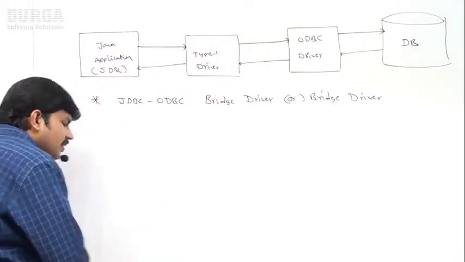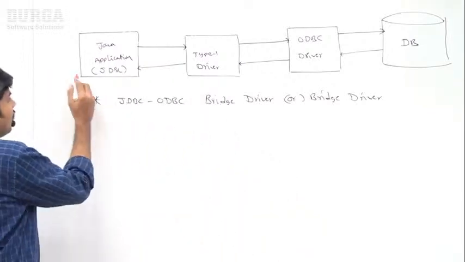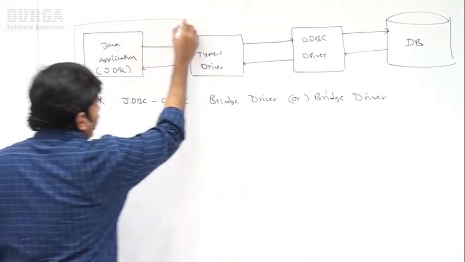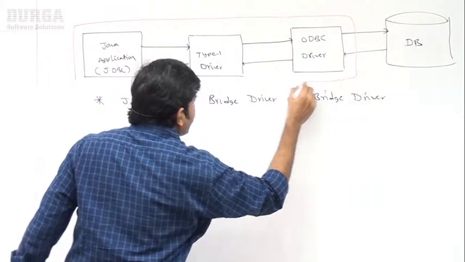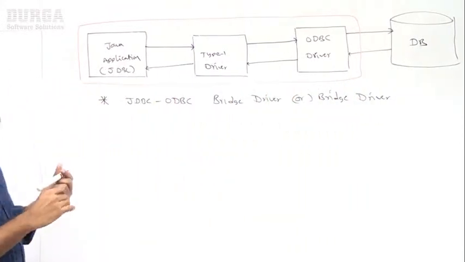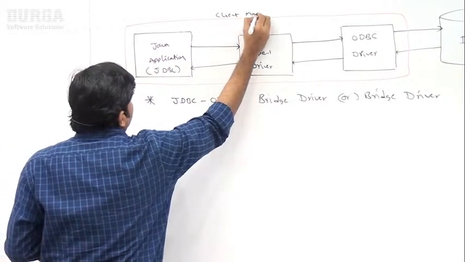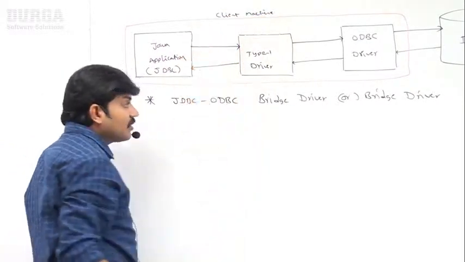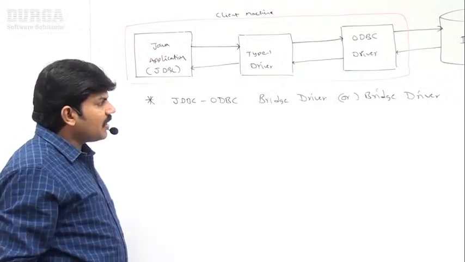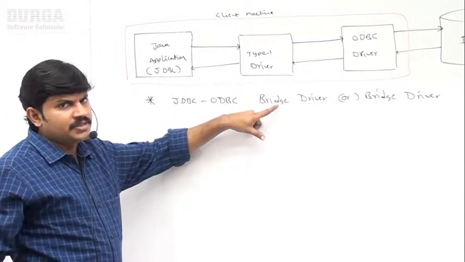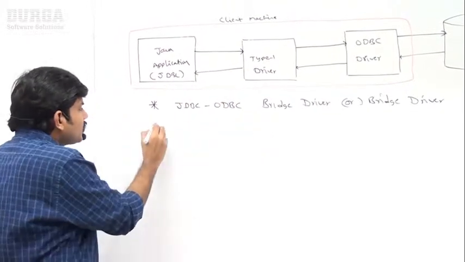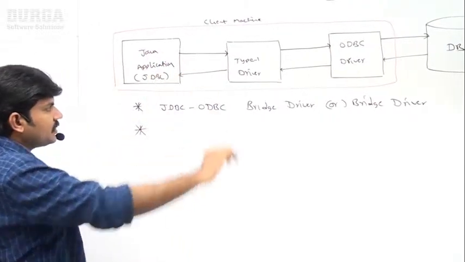Sir, if you observe all these things, the Java application, type 1 driver, and after that the ODBC driver, all these things should be present on the client machine. Remember this one, right? Sir, next, why is it the bridge driver? It's very clear.